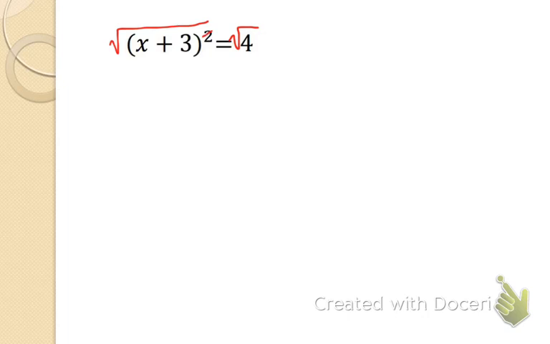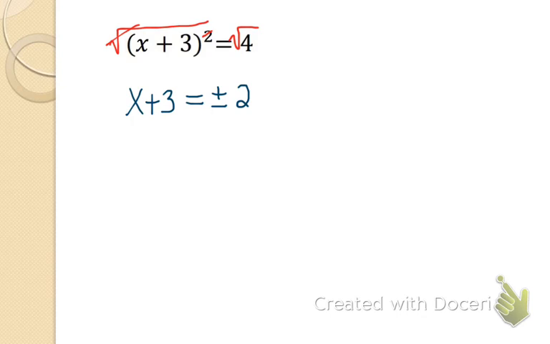What you do to one side, you do to the other. So the power of 2 cancels out with the square root. So finally we have x plus 3, no more parentheses, no more power of 2, no more square root. So this is equal to plus or minus the square root of 4, a perfect square, and it gives you a 2.